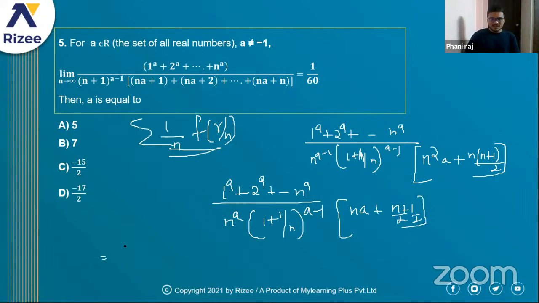So now this is the same as summation, 1 by n whole power a, r by n, r running from 1 to n. You need 1 more n common, right? Take that from this. Okay, we'll write it here.